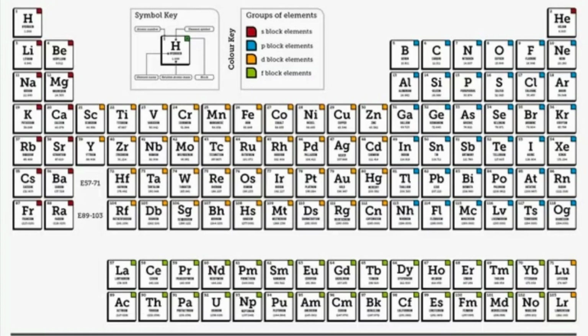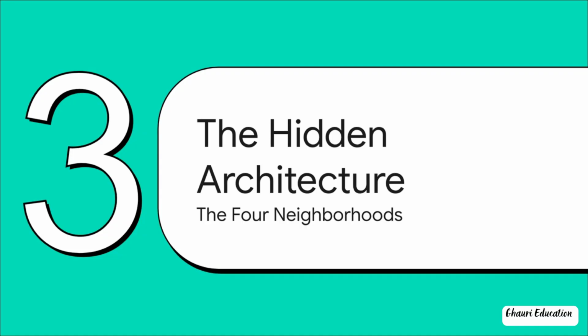Okay, now let's zoom in even more. Because it's not just rows and columns. The whole table is split into 4 different neighborhoods. We call them blocks. And this hidden structure, this is the reason for the table's iconic and, let's be honest, kind of weird shape.